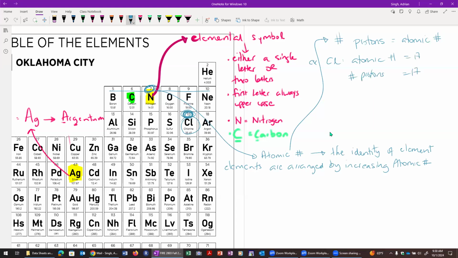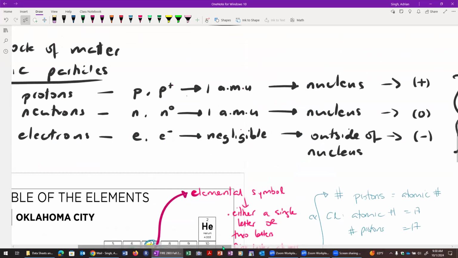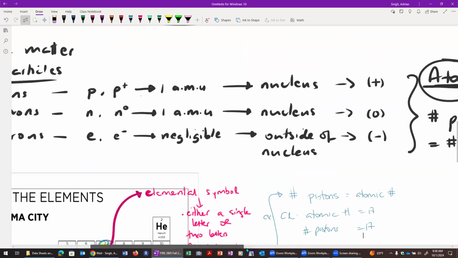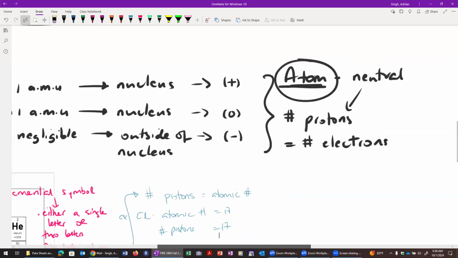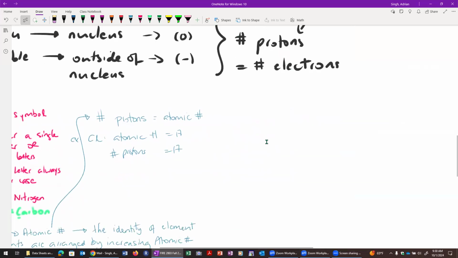Now, if you remember from a few minutes ago, we also said that if we're dealing with atoms, the overall charge in an atom is neutral, and that means that the number of positive charges have to equal the number of negative charges. Protons have positive charges, electrons have negative charges. So if I know how many protons I have, I can easily figure out the number of electrons because they need to be the same so that they cancel each other out to end up with an overall charge of 0.